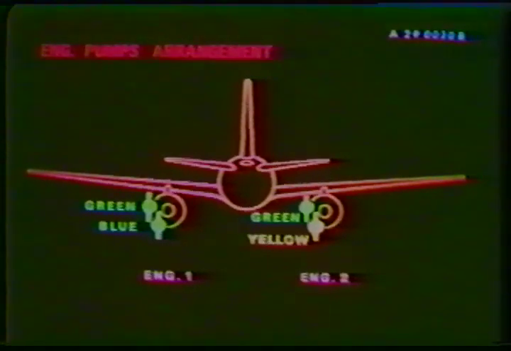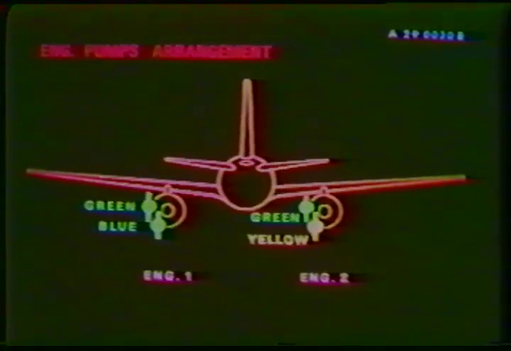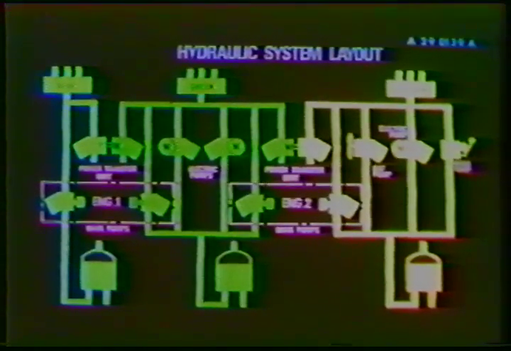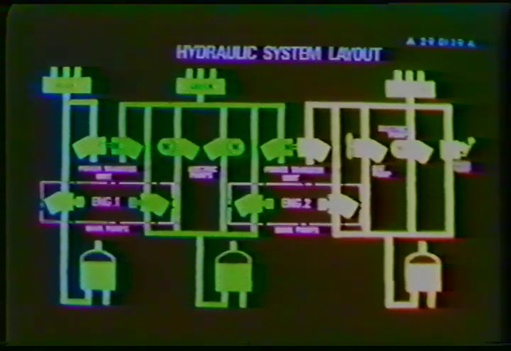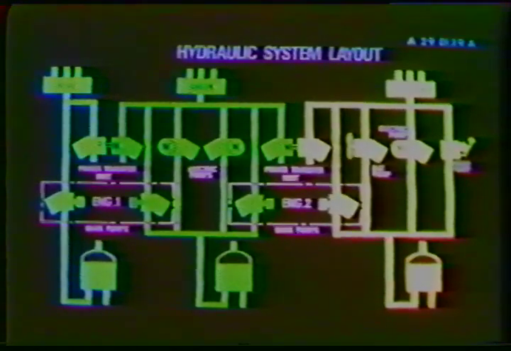Thus, the pumps are installed in such a manner as to keep 2 hydraulic systems functioning should one engine fail. Schematically, this design principle is shown here. Note that with an engine failure, the green system remains operational along with the blue or the yellow system.